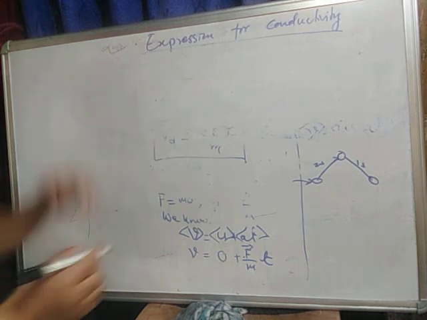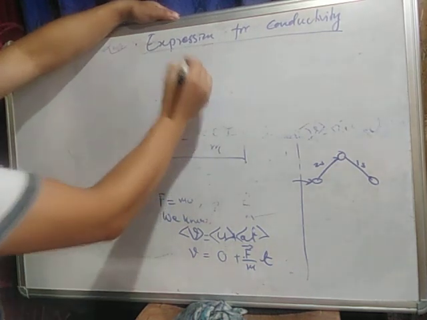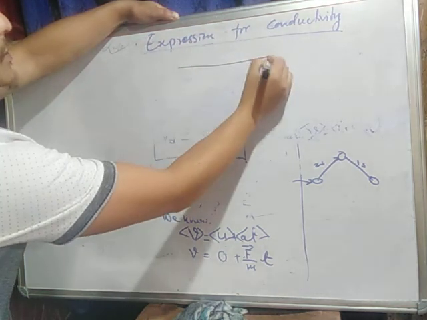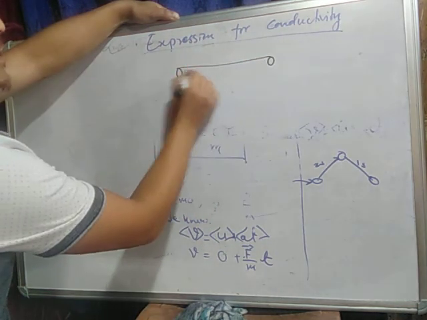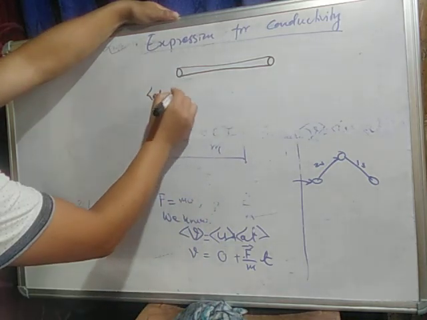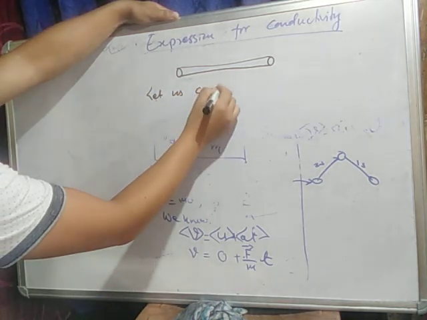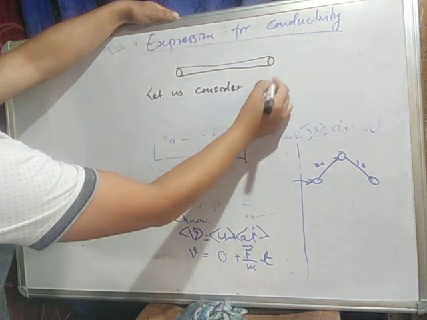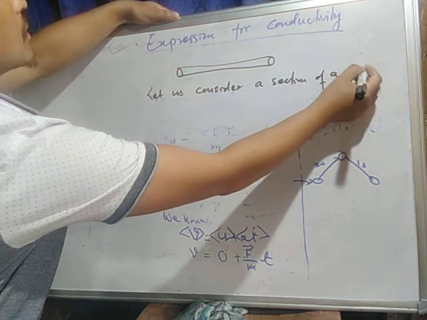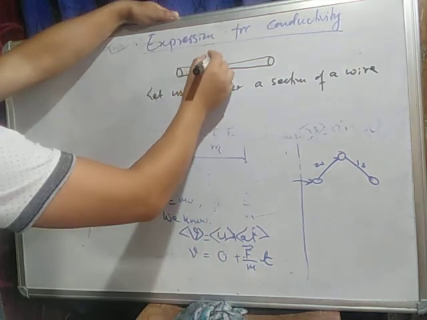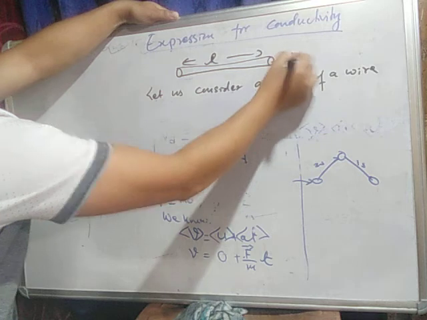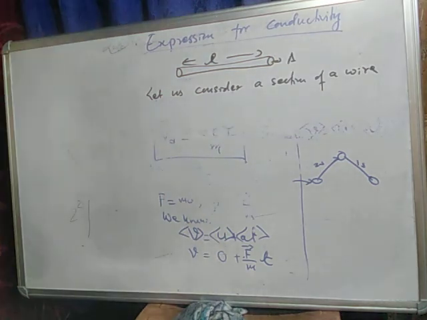So let us consider a section of your wire. This is your wire. So write down, let us consider a section of a wire with L as length, A as cross section area. Clear?